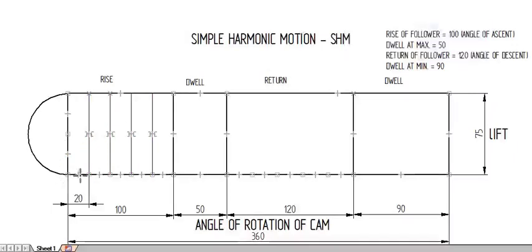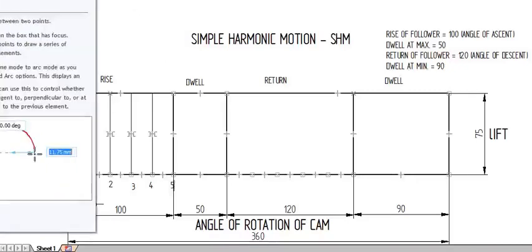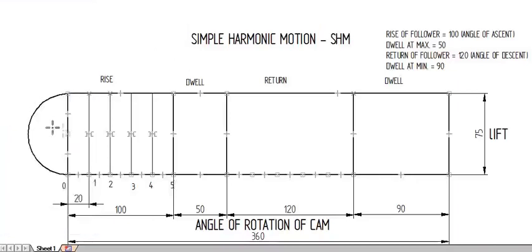Numbering is an important factor. First one will be 0, 1, 2, 3, 4, 5. So I have divided the rise section into 5 equal parts. I have to divide this semicircle also into 5 equal parts. The total angle of a semicircle is 180 degree, so each section will be of 36 degree.